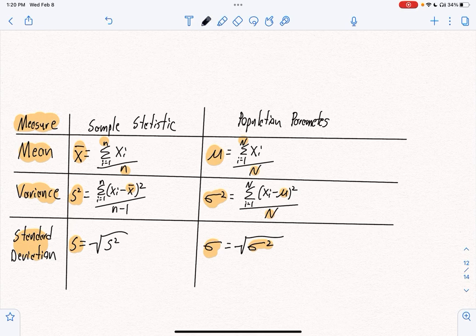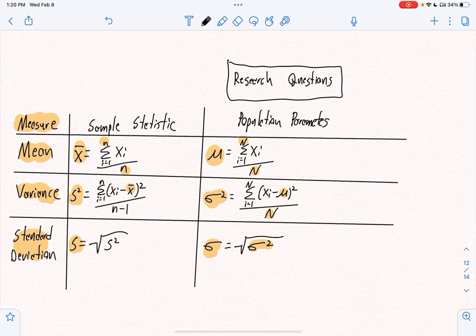So these population parameters on the right, these are our research questions. What is the population average? What is the population standard deviation? And to get estimates for our population parameters, we collect samples.